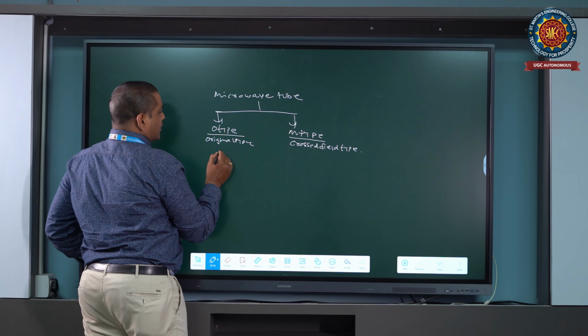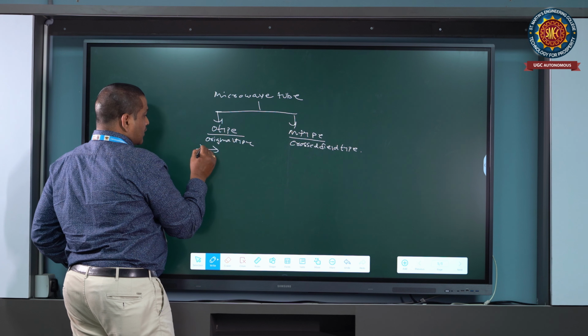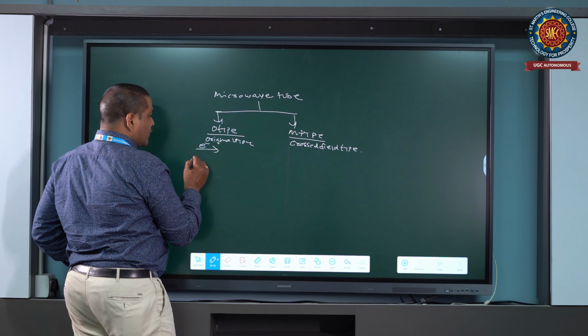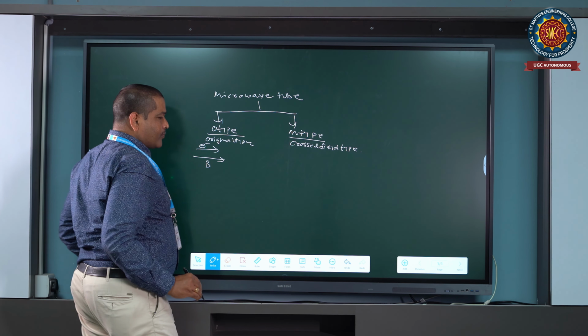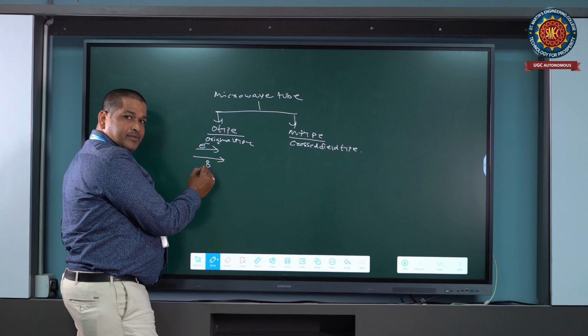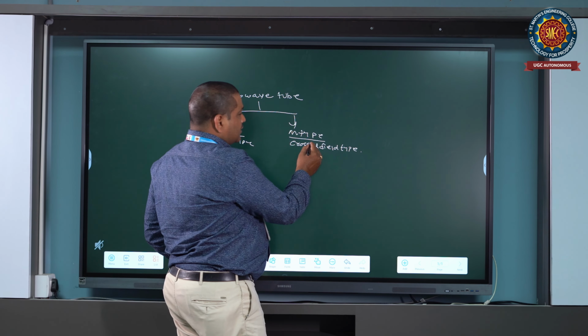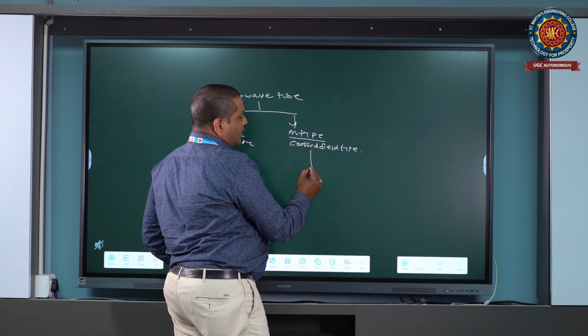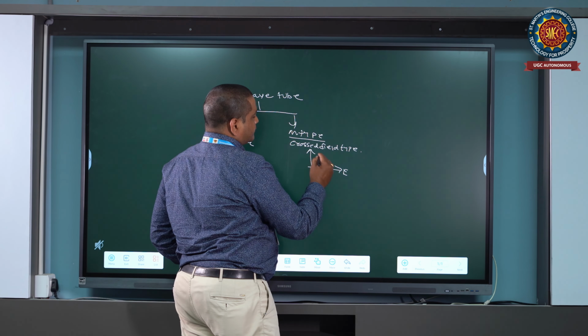Original type means the electrons move linearly along with the magnetic field. If the magnetic field is applied, both the electrons and the magnetic field move linearly. Whereas in M-type tubes, the electric field and magnetic field are always perpendicular to each other.